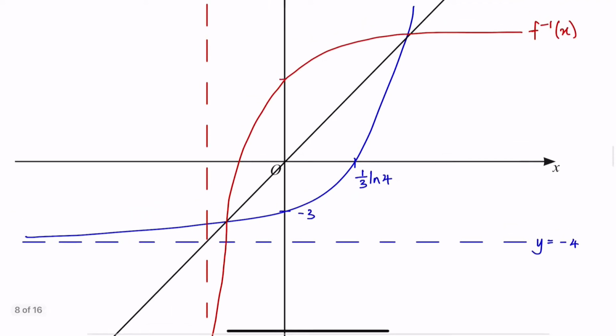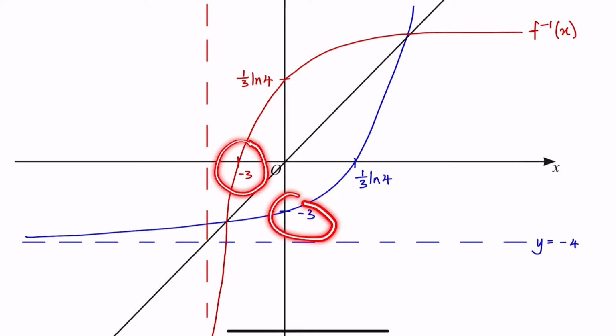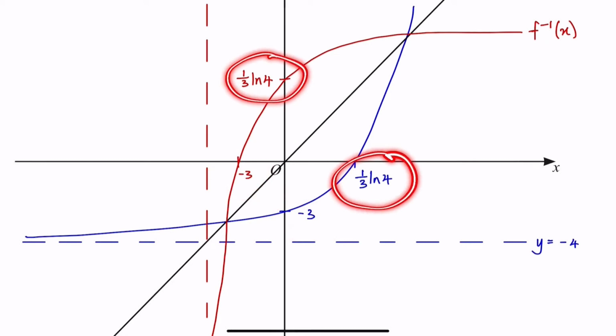So this would be 1 over 3 ln 4, and this would be negative 3. You can see that this and this are the same, and this and this are the same thing.